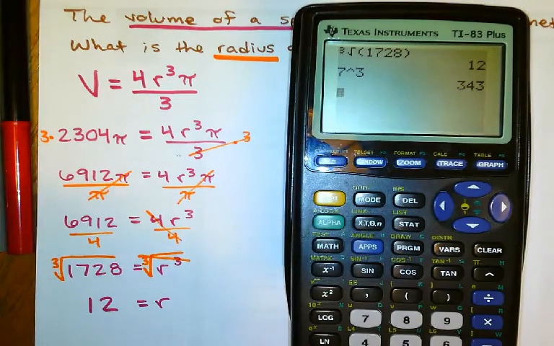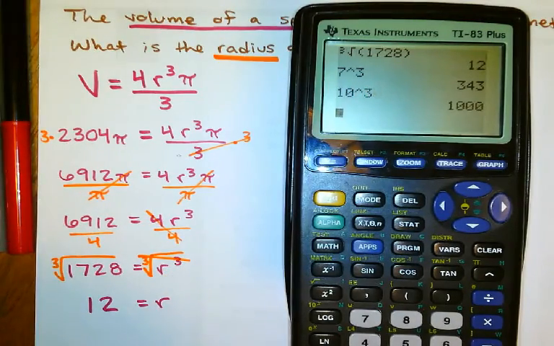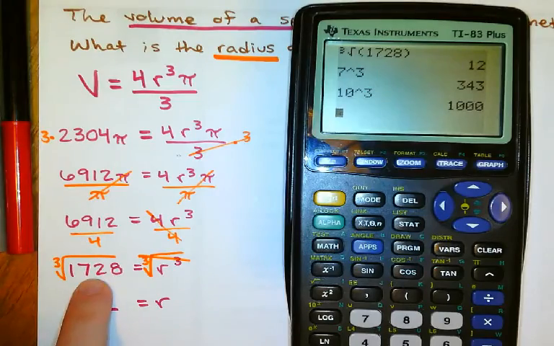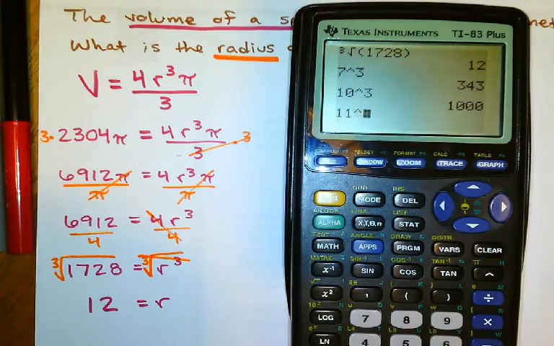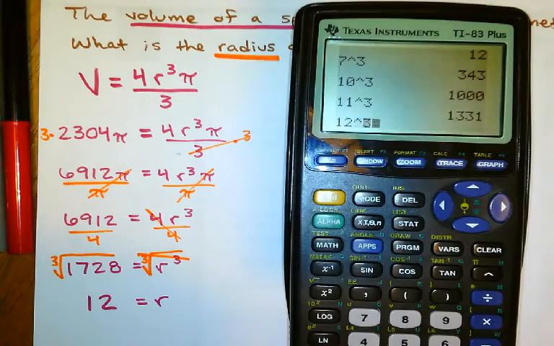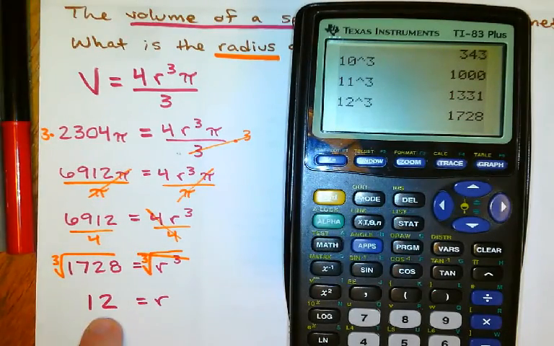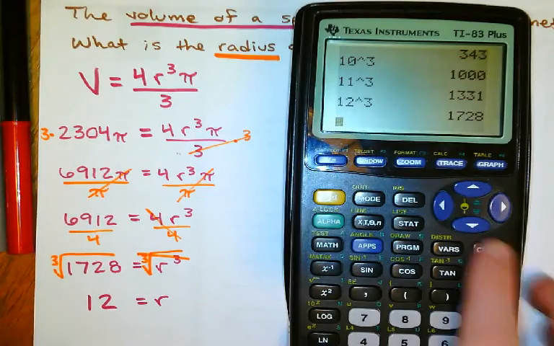So maybe I skip a couple numbers and do like 10 to the 3rd, since I'm looking for that cube, right? Okay, so now I'm getting closer, but not quite there yet. 11 cubed, getting closer. 12 cubed is the 1,728. So that's how I know that 12 is my radius, okay?